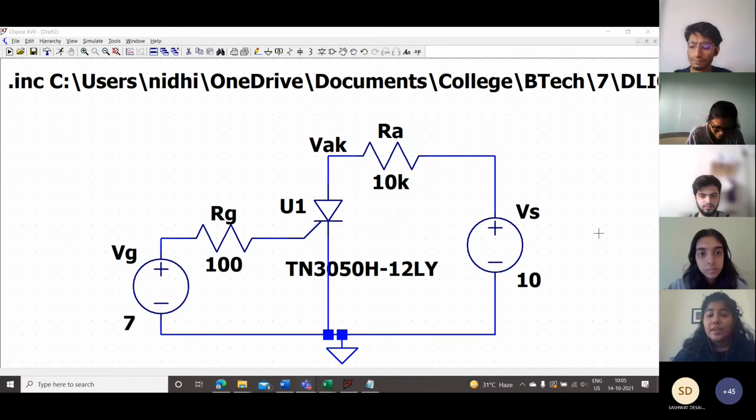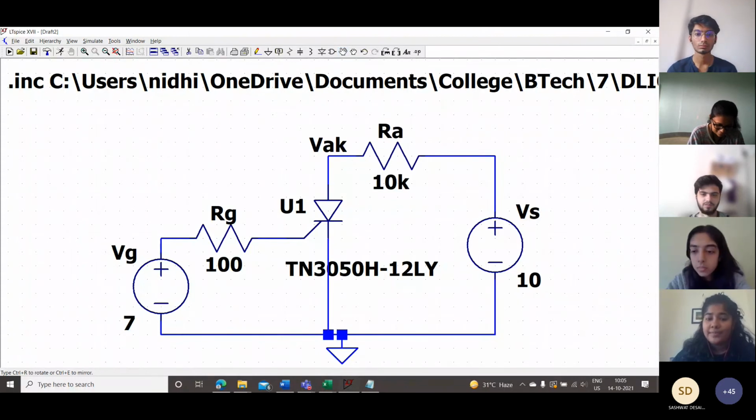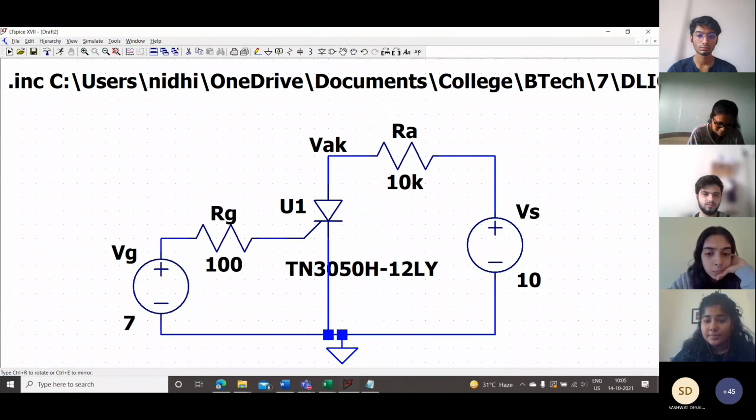Yeah, sorry about that. I was talking about the move and the drag tools. The move tool takes your component, and as you can see, it moves only your component. And the drag tool moves it along with your wires. The differentiation between these two tools can actually be really helpful in simulation.